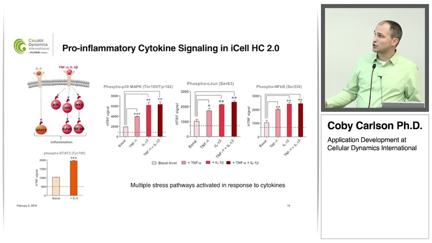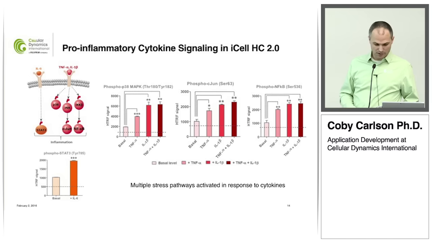So here, showing some pro-inflammatory cytokine signaling in hepatocytes, where all of these are basal versus treated, where you've got IL-6 to induce a phospho-STAT3 response, TNF-alpha, IL-1 beta, and the combination of those to look at p38 MAP kinase phosphorylation, c-Jun phosphorylation or NF-kappa B. So again, pretty straightforward data, not dose responsive in this case, just using stimulating concentrations of the cytokines, but really reinforcing the fact that the pro-inflammatory response is there and cytokine signaling is intact in these cells.